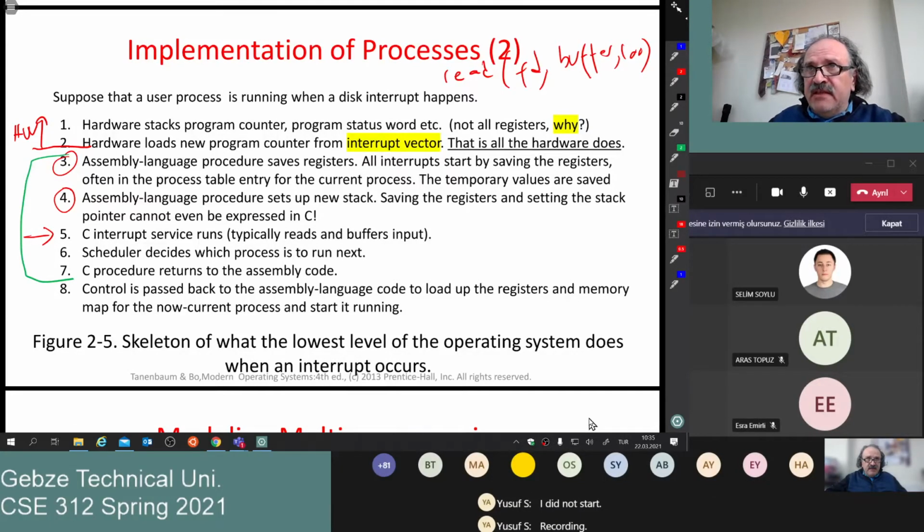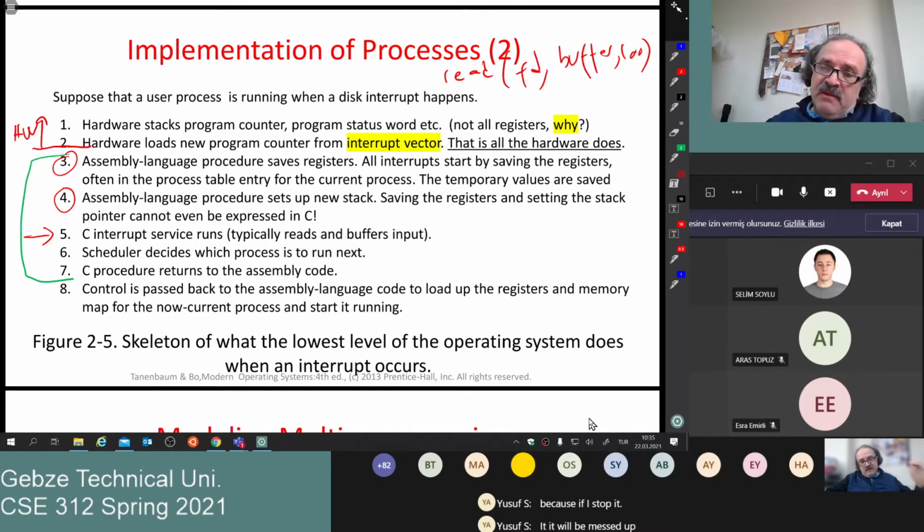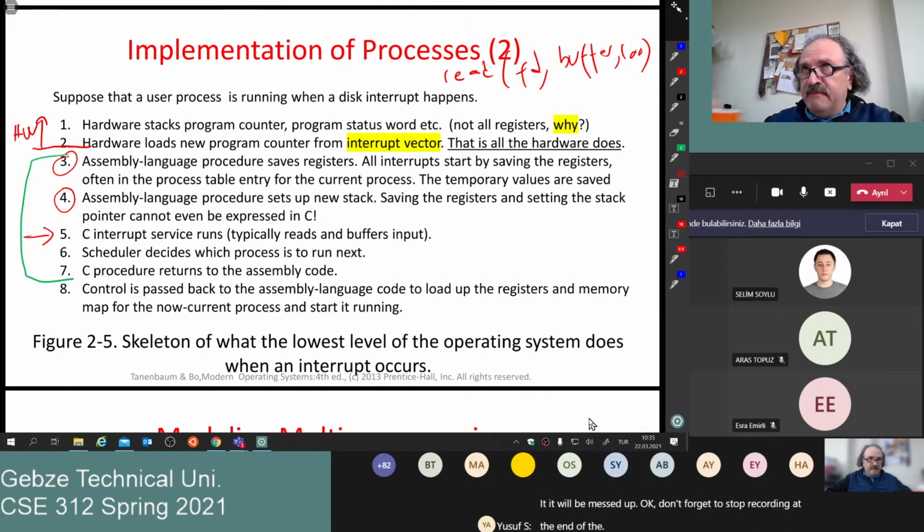Ilhan, did you start recording? No, Muhammad Uskan is recording right now. Mohammed, did you start recording? Then you need to stop it, okay? Because if I stop it, it will be messed up. Don't forget to stop recording at the end of the lecture today. So now you can start to record.